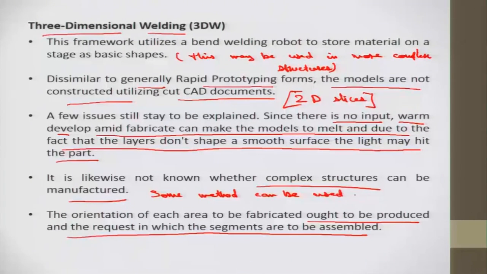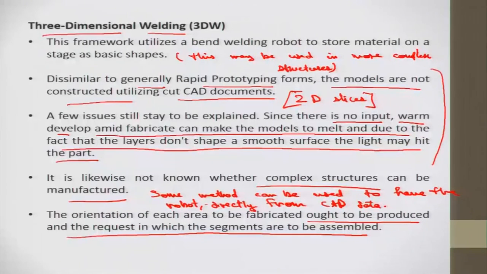can be used to have the robot programmed directly from CAD software or CAD data, I would say.